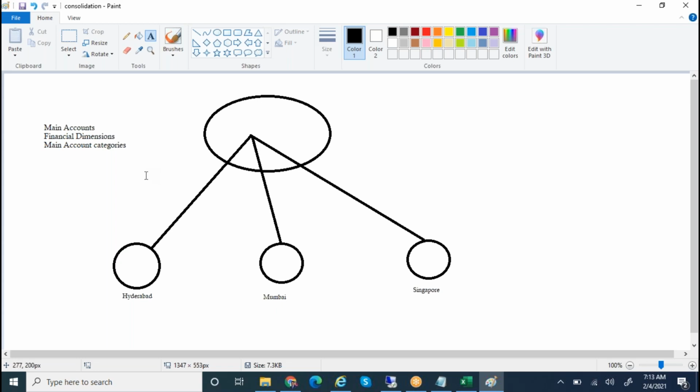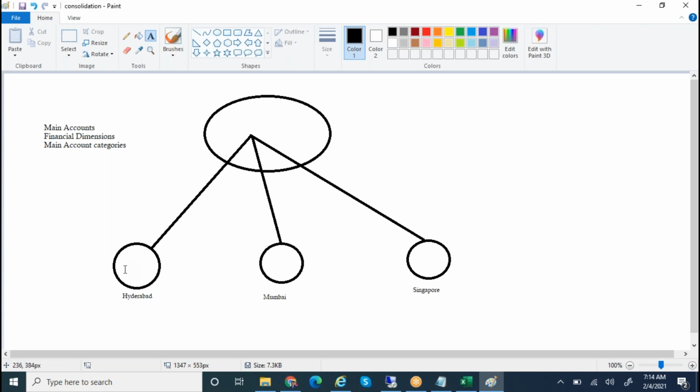What do you mean by this? Suppose some customer balances here, some customer balances here, some customer balances here. If you want to combine individual customer-wise balances from different companies, it is not possible. It is possible only for main accounts.